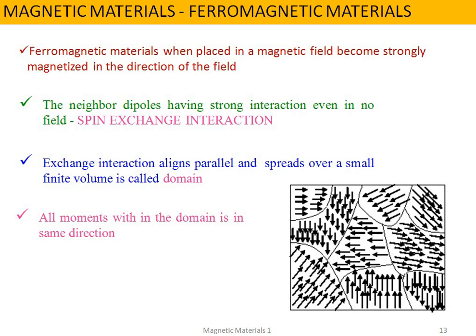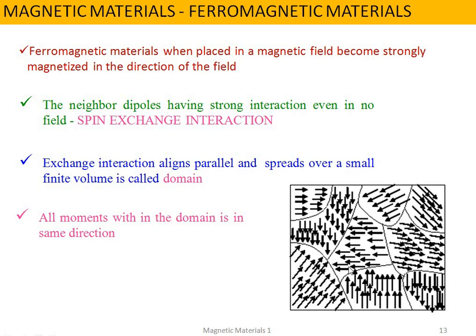What is spontaneous magnetization? The materials which possess magnetization even in the absence of an applied magnetic field is known as spontaneous magnetization. The reason is that there is some internal magnetization within a ferromagnetic material. The reason behind it is it possesses magnetic domains. What is a magnetic domain? Here you can see the figure.